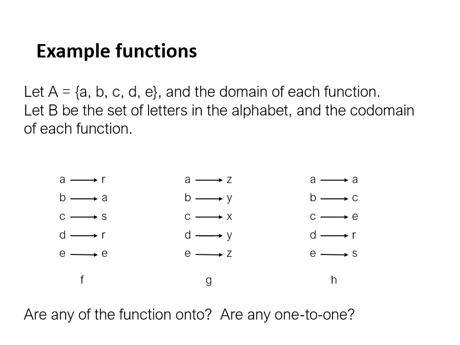So the first question is, are any of these functions onto? Remember, onto means that something gets mapped to each element of the codomain. So the answer to this is clearly no.